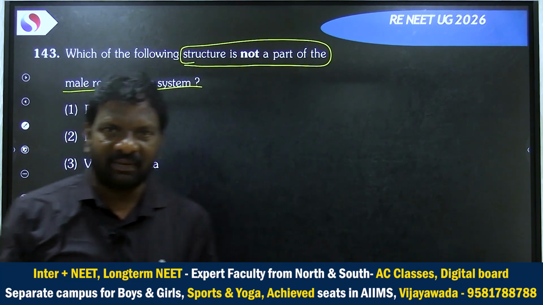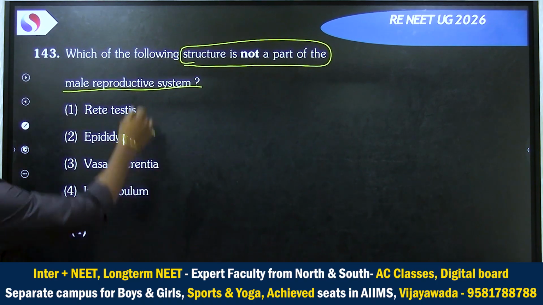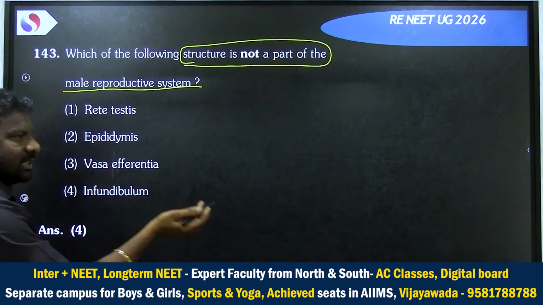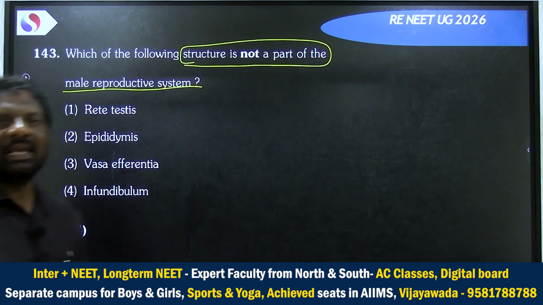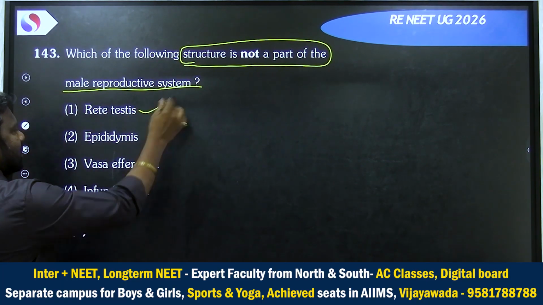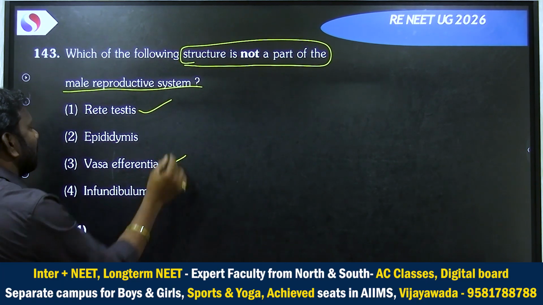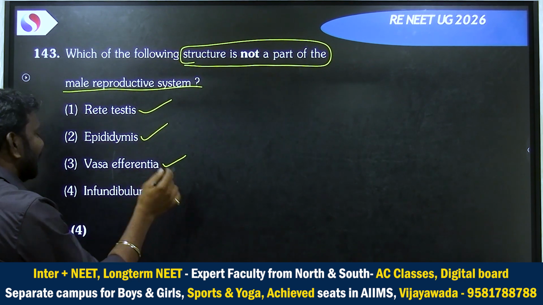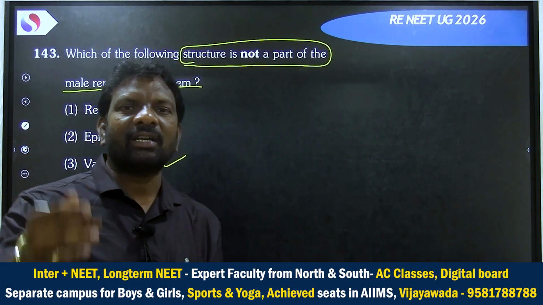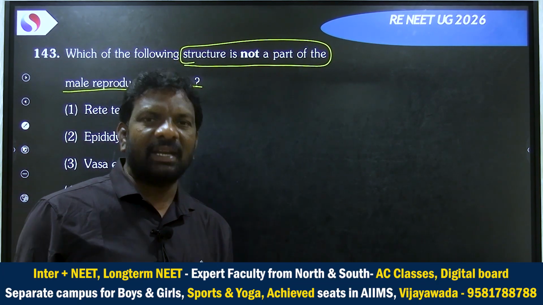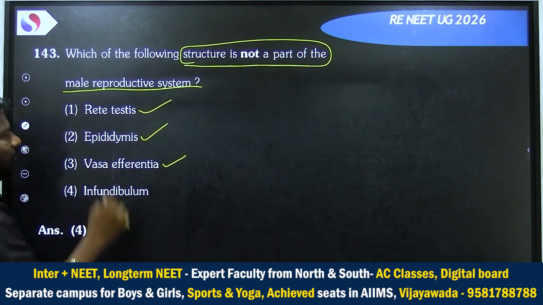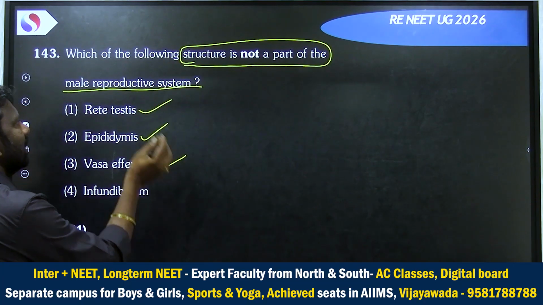The pathway of spermatozoa: they are produced from the seminiferous tubules, released into the lumen of the seminiferous tubule, then enter the rete testis, then to the vasa efferentia, to the epididymis, to the vas deferens, to the ejaculatory duct, to the urethra, to the outside through the penis. Here, rete testis, epididymis, vasa efferentia are all related to the male reproductive system.